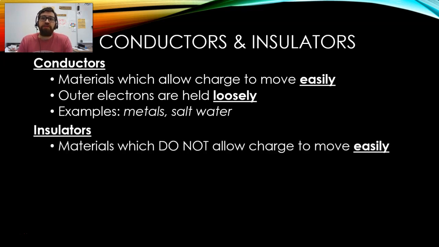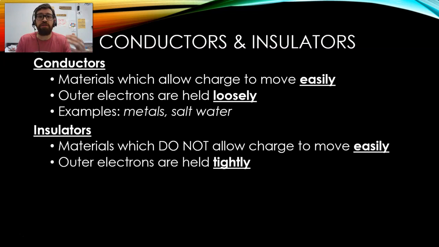Insulators, on the other hand, do not allow charge to move very easily. These are things that we use to prevent the flow of charge, and the reason they prevent the flow of charge is because, conversely, instead of holding the outer electrons very loosely, they hold them very tightly. Again, differences in the charge of the nucleus, the amount of protons in the nucleus, and differences in how close the electrons are to the nucleus.